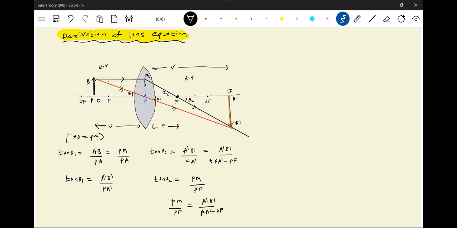This is one equation. Next, equating the other two, PM by PA equals A dash B dash by PA dash. This is equation 1, equation 2.